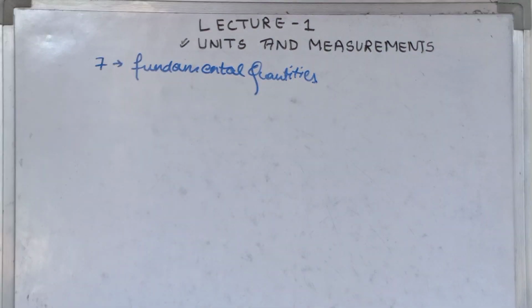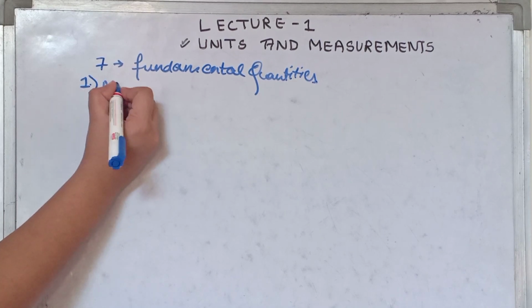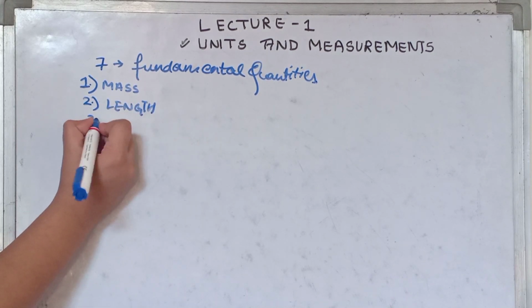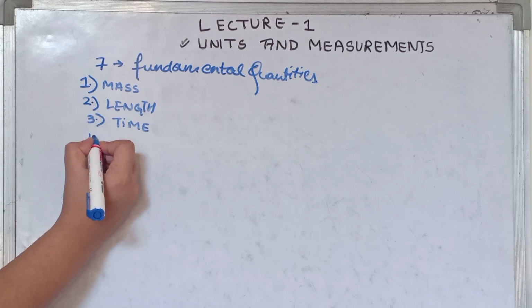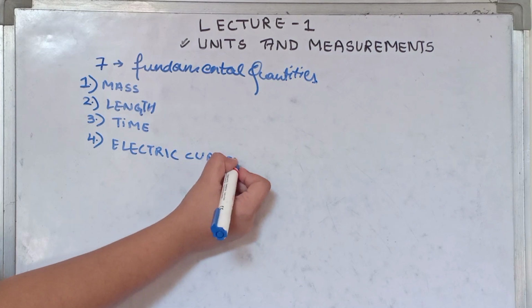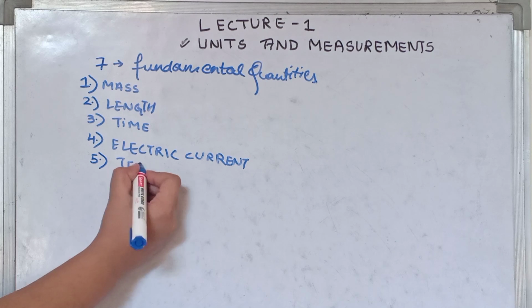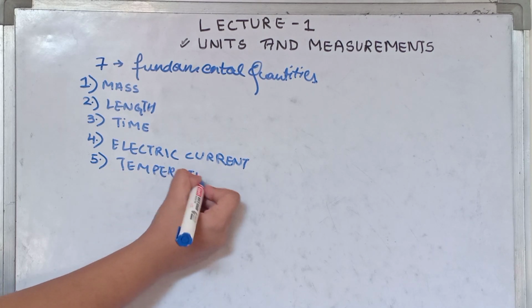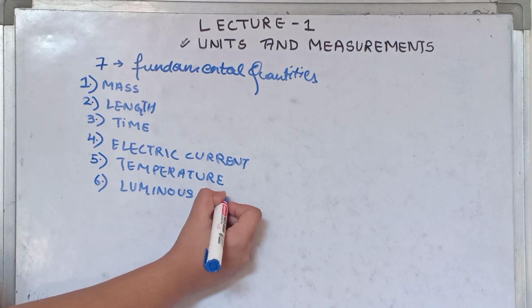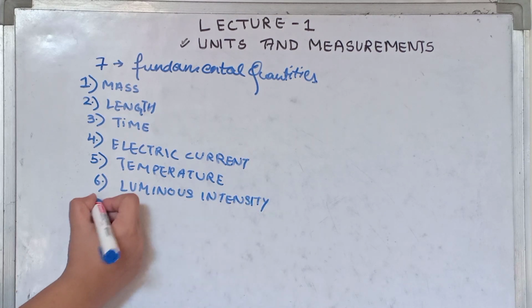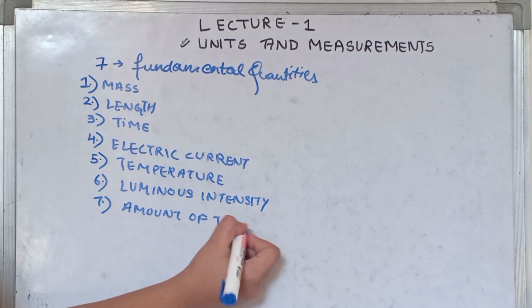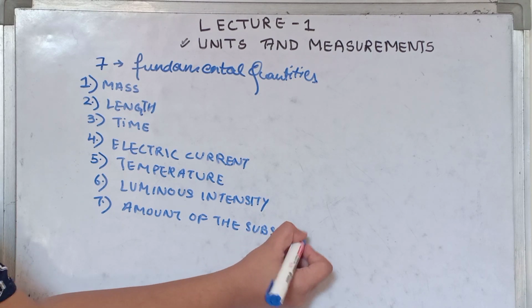Now I'll be writing those 7: mass, length, time, electric current, temperature, luminous intensity, and number 7 is amount of substance.